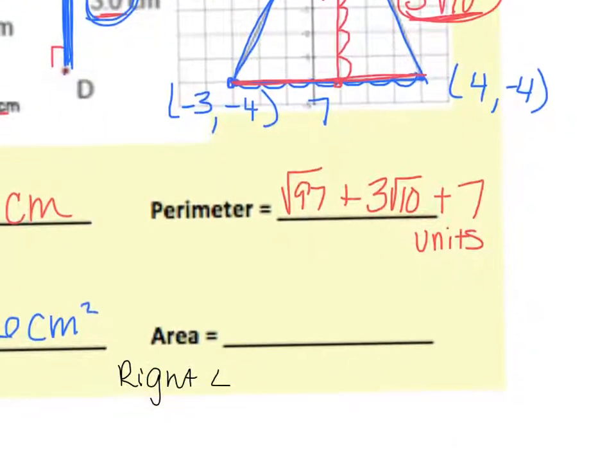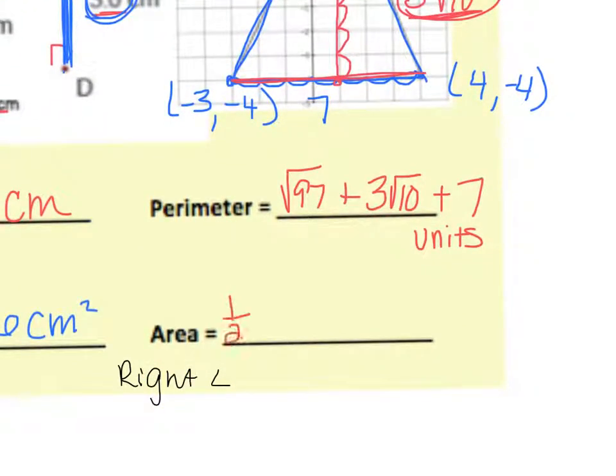So if I go find my area, it'll be 1/2 the base, which is 7, times the height, which is 9. So 7 times 9 is 63, and you divide it by 2, and that will be 31.5 units squared.